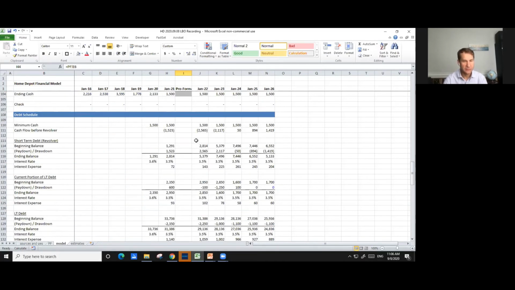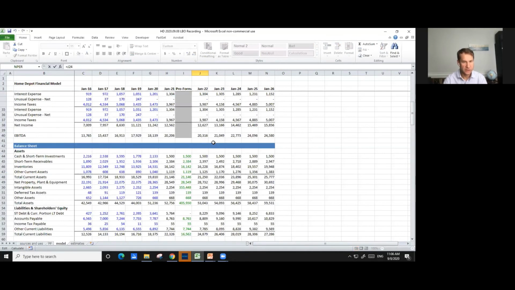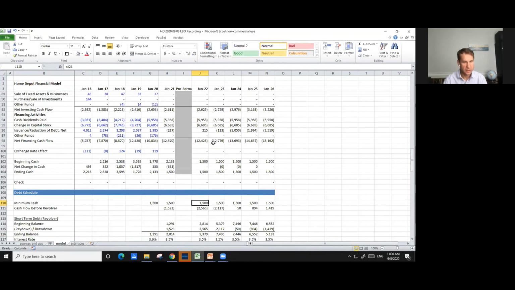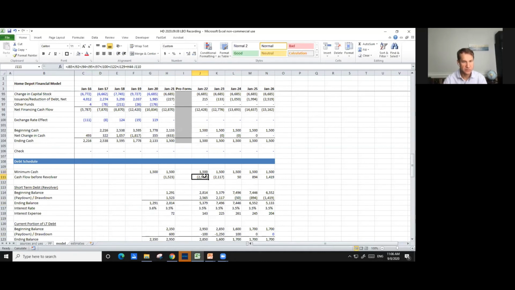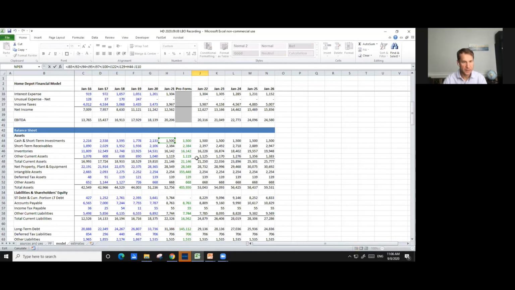But before I do that, let me jump into the debt schedule, because that schedule needs to change quite a bit. And I'll just work through it methodically. So minimum cash is fine. Cash before revolver, if you recall, it took the cash available for the prior year.